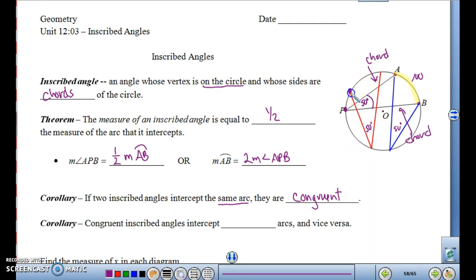Well, what does that make this arc up here? That's going to be 100 as well. So this angle and this angle are congruent, so this arc and this arc are congruent, and vice versa. So congruent inscribed angles intercept congruent arcs, and vice versa. If you have two angles that are congruent, the arcs they intercept will also be congruent.